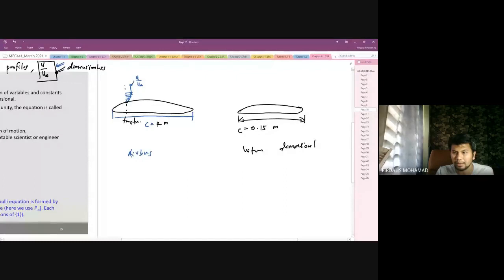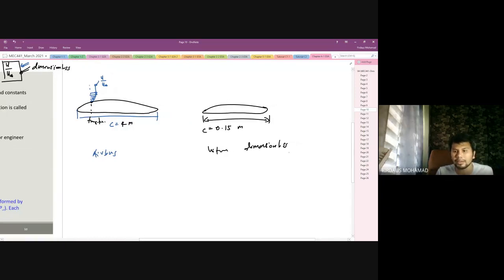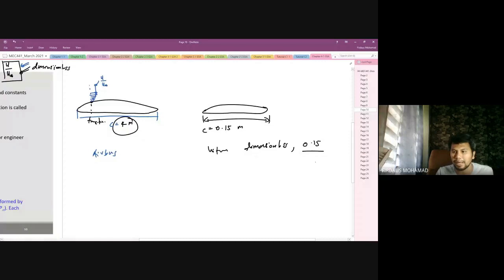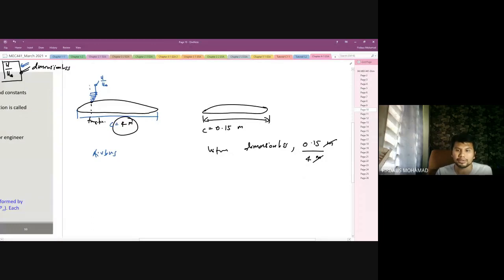Barulah kita dapat dia punya actual ataupun kita boleh compare benda sama, apple to apple. So maknanya kita kena dimensionlesskan C yang kita wind tunnel dekat UiTM ni 0.15 bahagi dengan 4 meter. Okay, so meter dia akan jadi dimensionless. So semua ni you akan bahagikan dengan 4 meter.